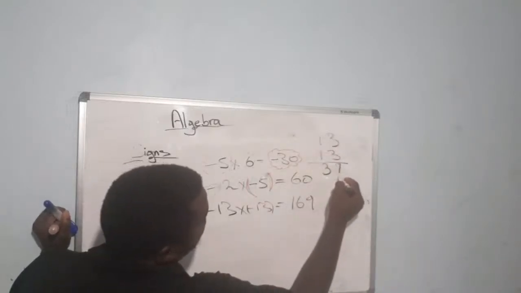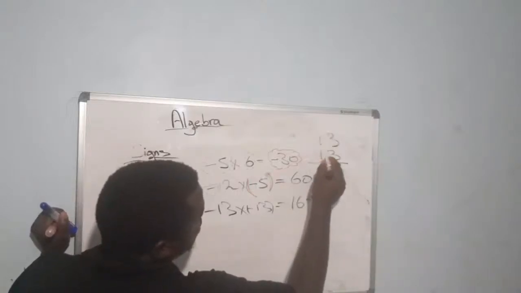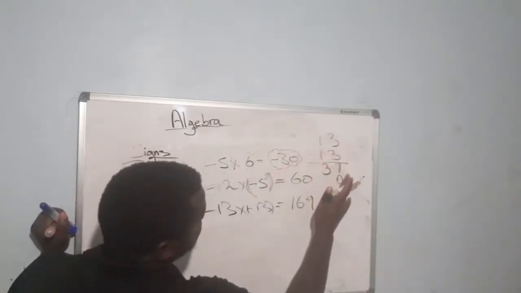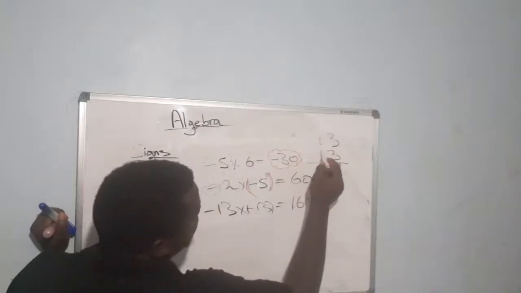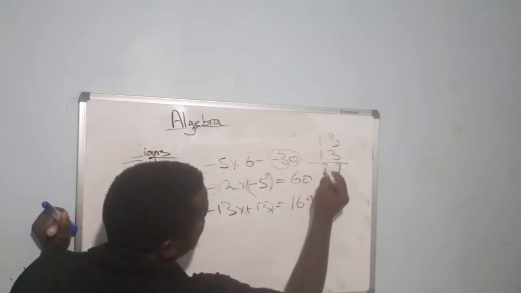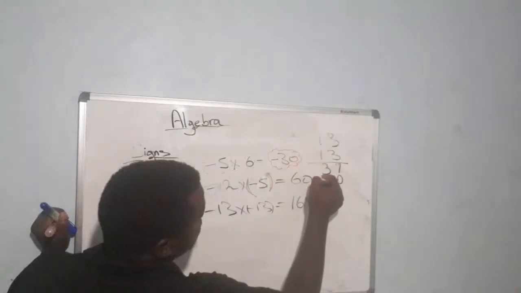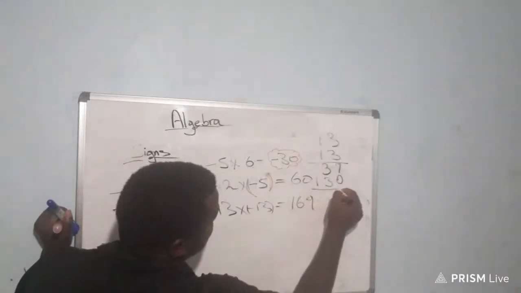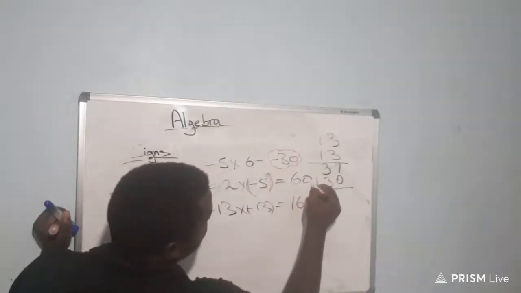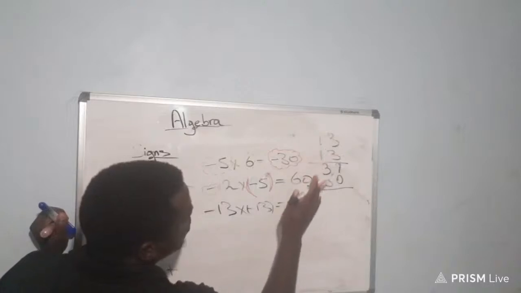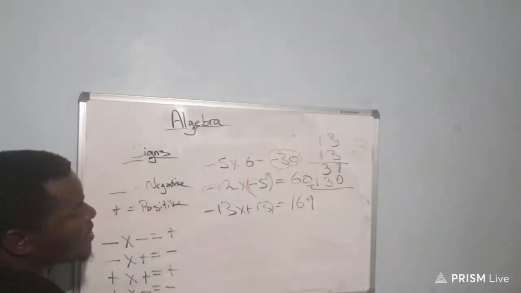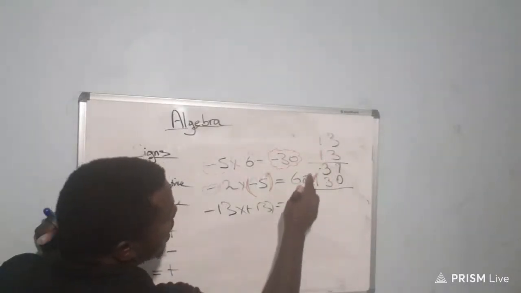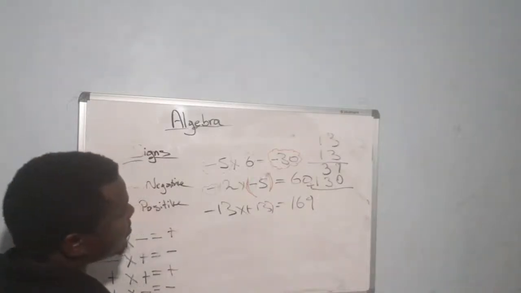Now you add a 0 as a placeholder because you will be using the 1 now, so you need to fill this space. So 3 times 1 is 3, and 1 times 1 is 1. And you draw your line and you make your addition sign, because after you complete your multiplication process, you need to add to get your final answer.